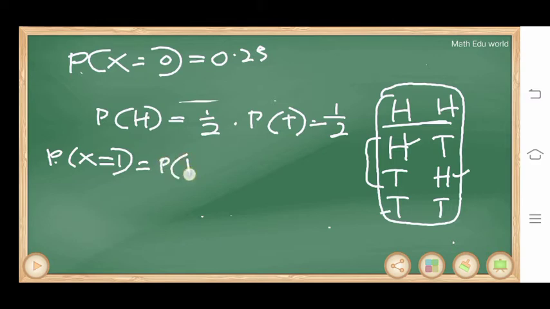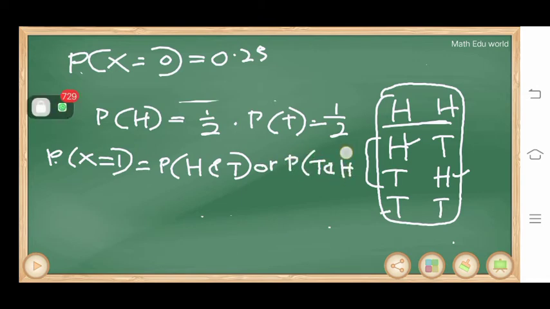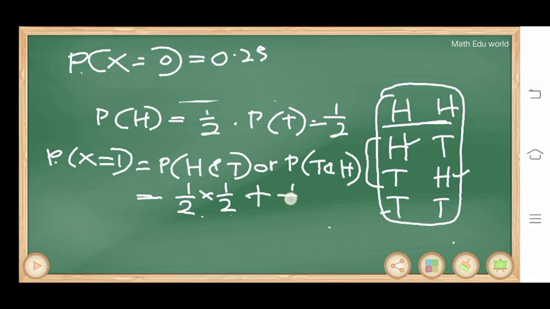It may be probability of head and tail, or probability of tail and head. The probability of head and tail gives us half multiplied by half, or the probability of tail and head, again half multiplied by half.